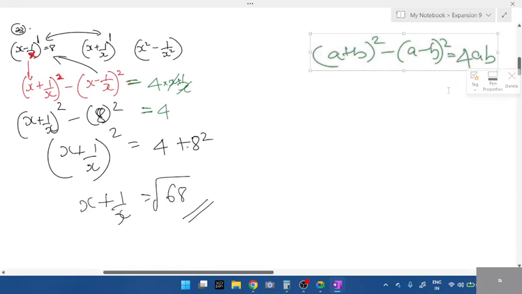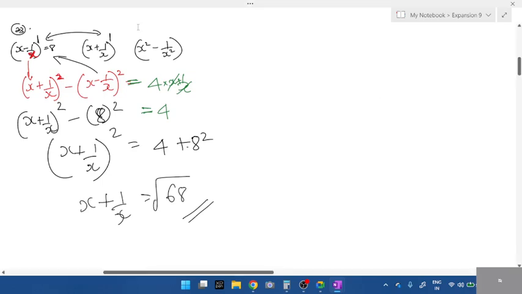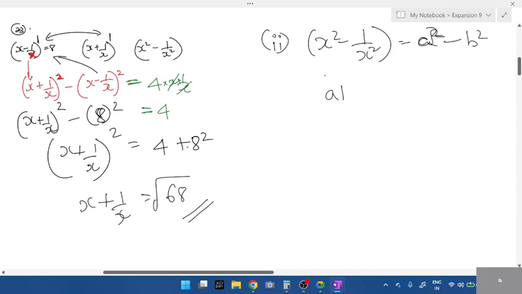Okay, what's the second one, Lima? Second one, what do we need to find? How does it look like? A square minus b square, right? It looks like a square minus b square. What is the a square minus b square formula? A plus b into a minus b, right? You should memorize the formula, Lima.